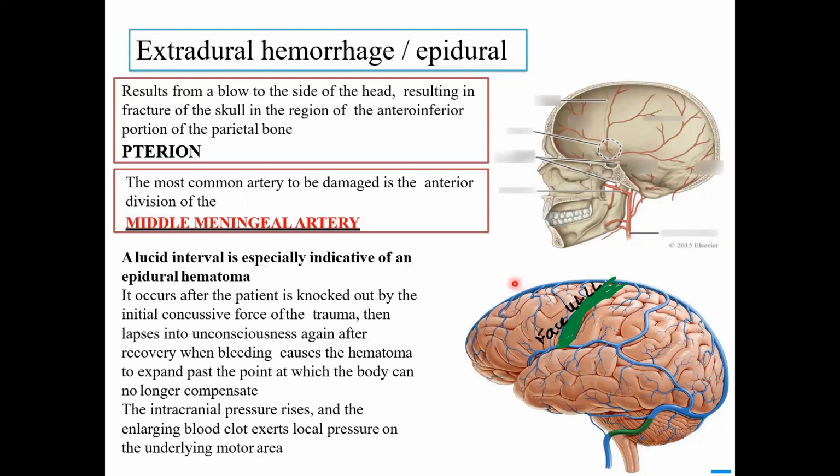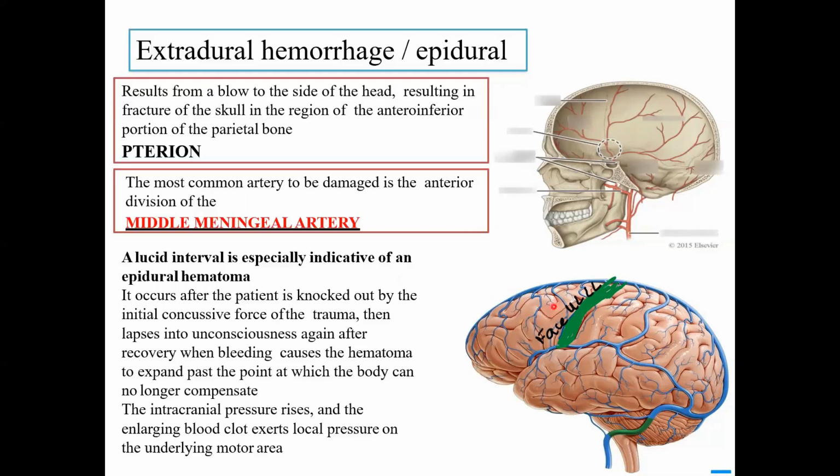This temporary phase of consciousness between the two phases of complications is named the lucid interval. This lucid interval is not actually recovery; at this time the hematoma is actually increasing in size, and if it keeps on increasing it will compress the major motor areas of the cerebrum.